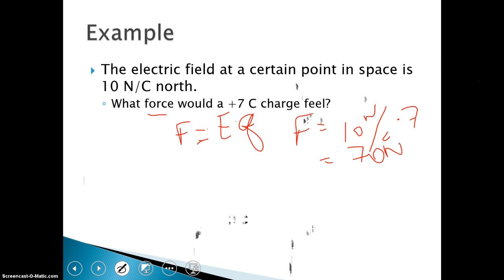Let's talk about direction. So if the field is north, and an electric field tells you the direction a positive charge would feel a force, then the force will be north because it is a positive charge.